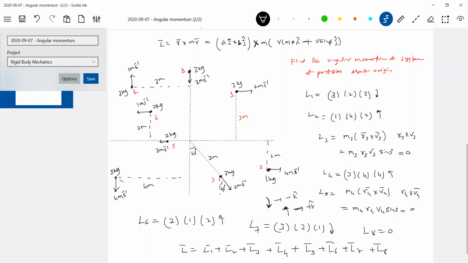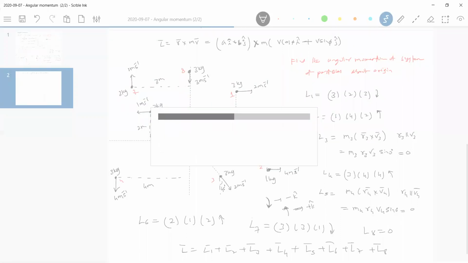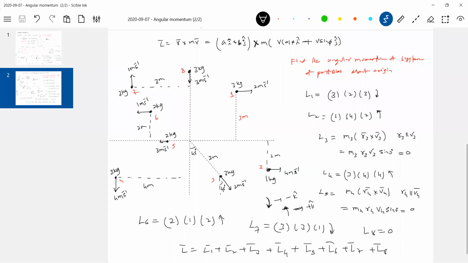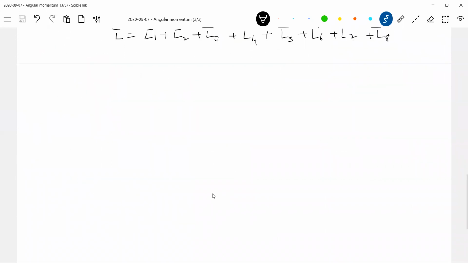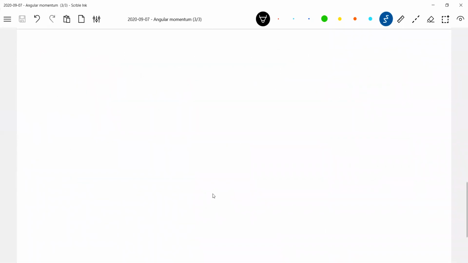Now let me go on. So this is about particles. Let's see some applications, and this is only the basic theory definition. Let there be a particle.